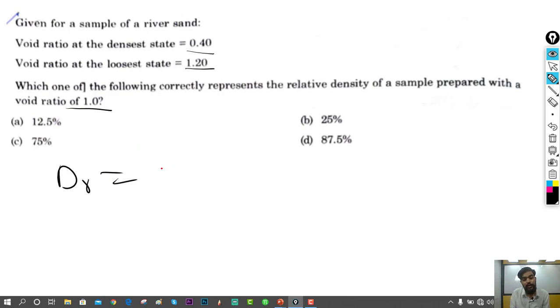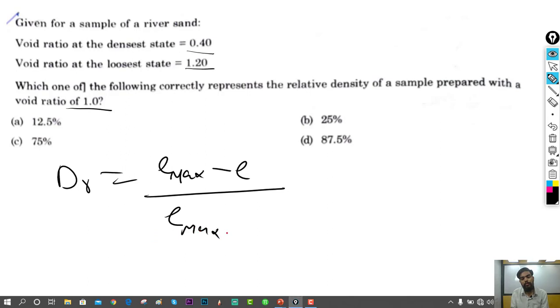So what is the formula of relative density? It is (e max minus e) divided by (e max minus e min), where e max is the void ratio in loose state, e min is the void ratio in densest state, and e here is the void ratio at natural condition.